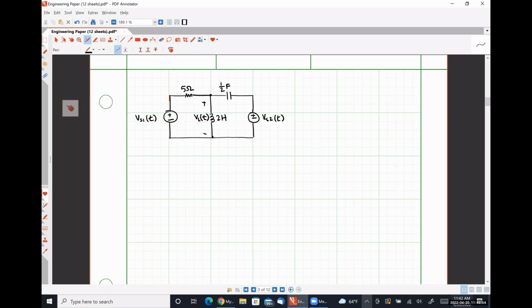VS1 and VS2 are going to be sinusoidal excitation sources so that we can work all of our analysis in the frequency domain. But the hiccup here, the thing that's going to make it arguably difficult, is that VS1 of T will be 10 cosine 2T volts, and VS2 of T will be 8 cosine T volts.